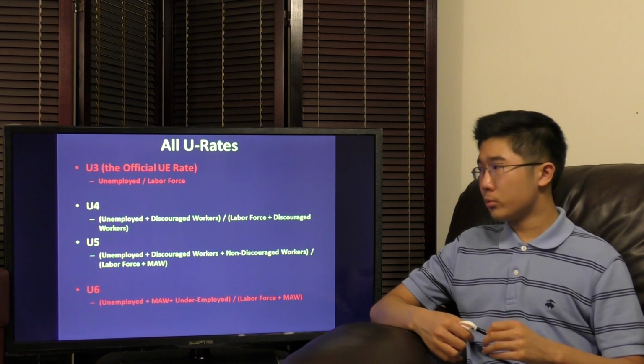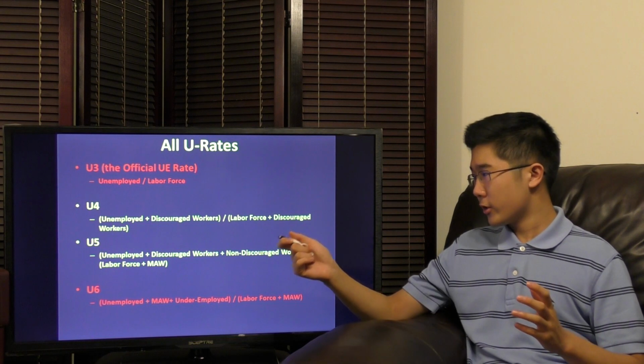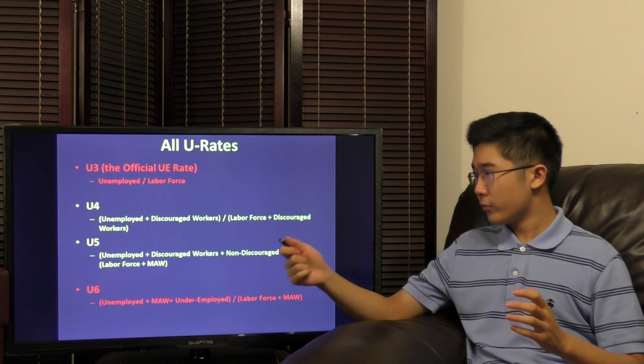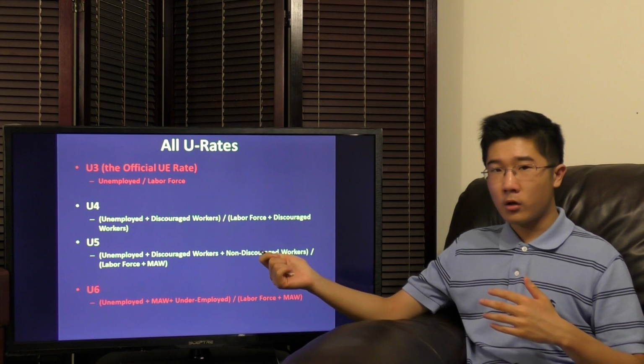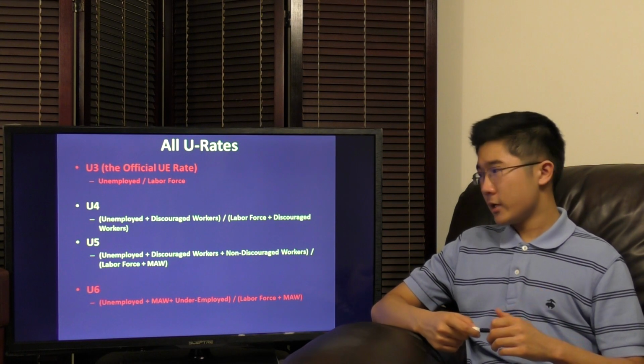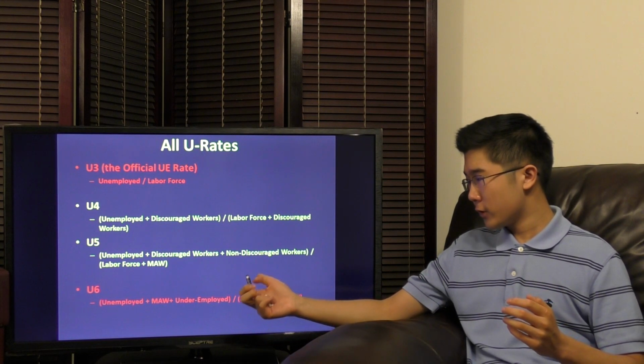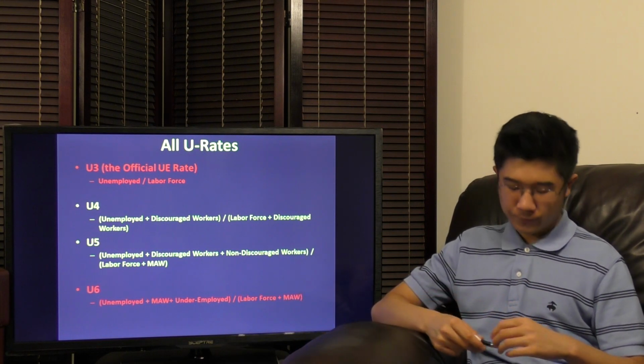U5 becomes even more broad than U4 because it includes unemployed workers plus discouraged workers plus non-discouraged workers over the labor force. And finally, the most broad, which includes underemployment, is U6, which is what we just mentioned in U5 plus underemployed workers over the labor force.